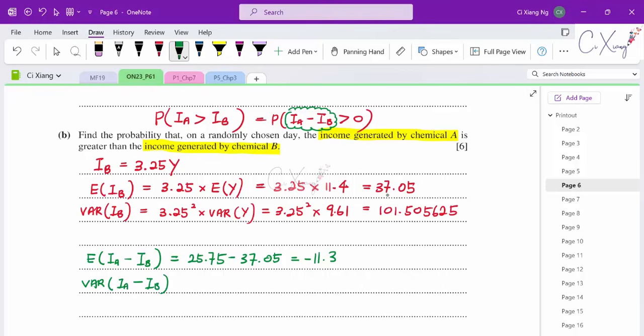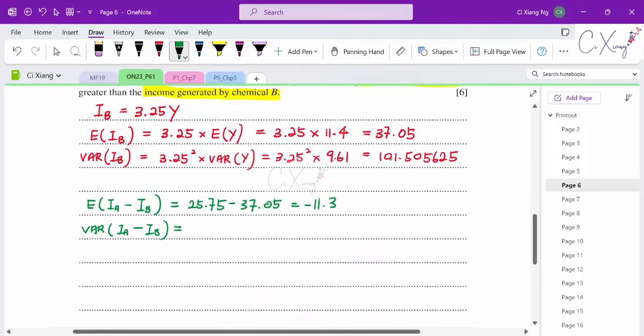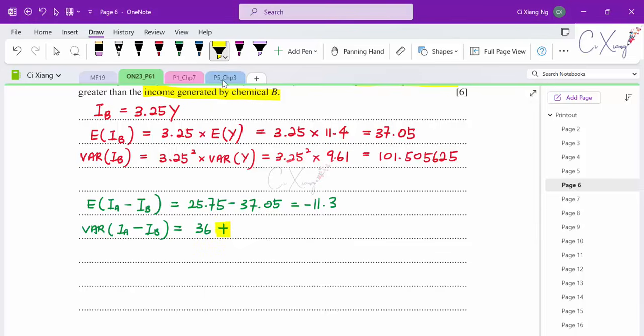To calculate the variance, you take the variance for the A, which is 36. In the variance, there's no negative, so we have to change it to plus always. Then what's the variance for B? It should be this one, 101.505625. Then again, it is 137.505625.